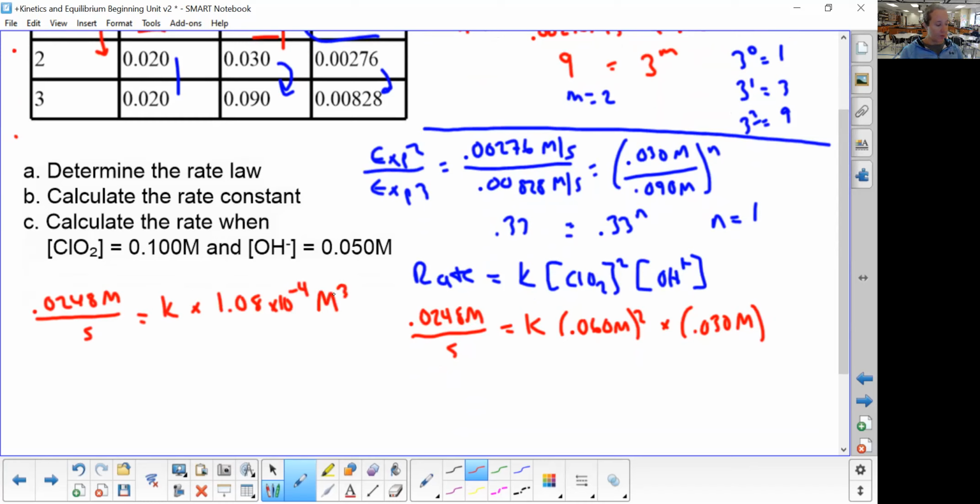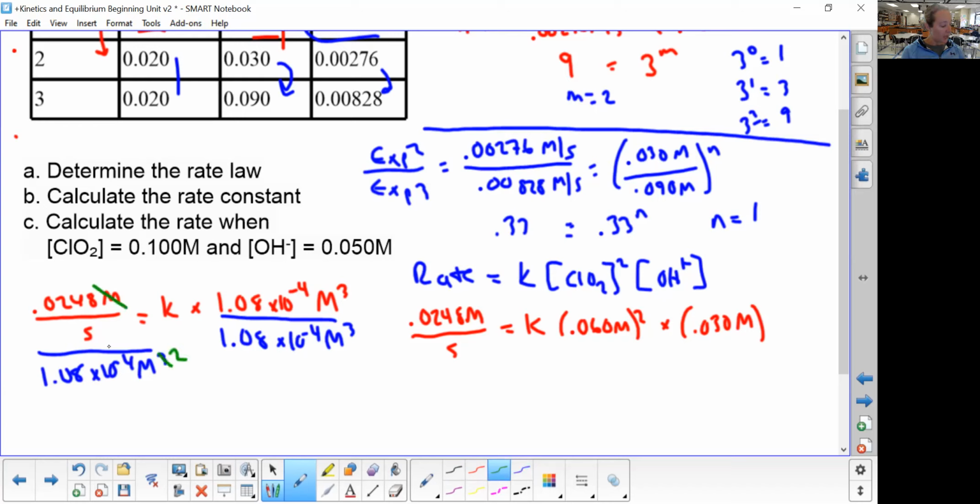When you divide both sides by this term, the molarity cancels, and the leftover becomes a square.